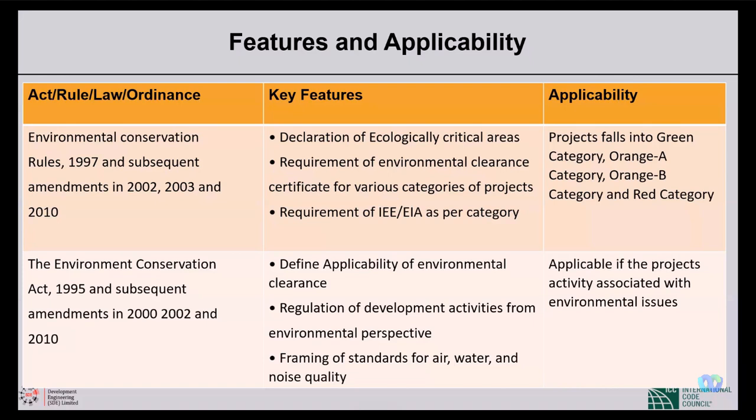Projects fall into green category, orange A, orange B, and red category. The Environmental Conservation Act 1995 and subsequent amendments define applicability of environmental clearance, regulation of development activities from an environmental perspective, and framing of standards for air, water, and noise quality, applicable to projects and activities associated with environmental issues.